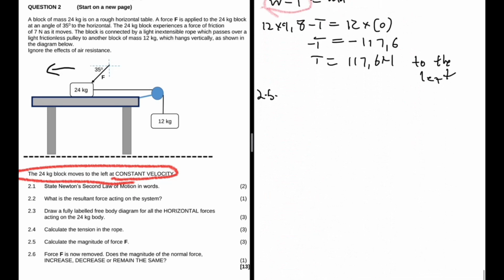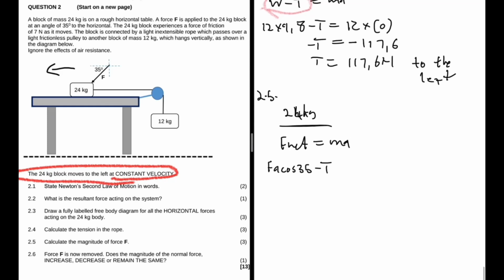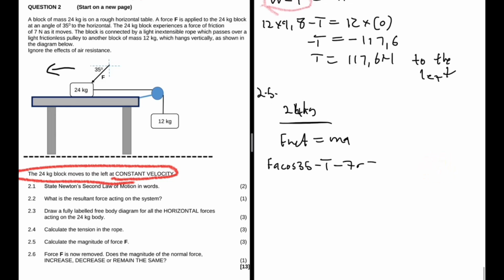Again, for the 24 kg block, F net equals ma, and the force applied is equal to the tension plus the friction, so it's bigger than those individual forces. So we're going to have FA cos 35 minus tension minus friction is equal to ma.